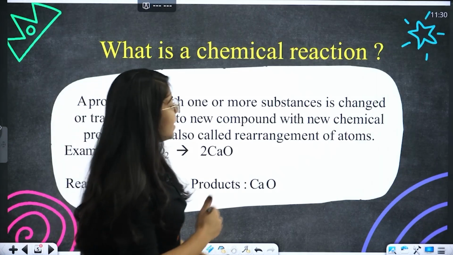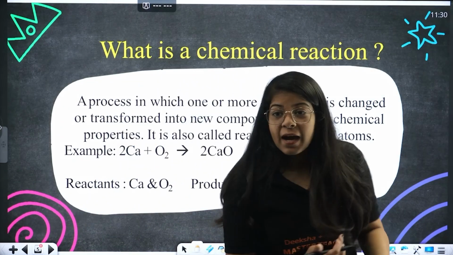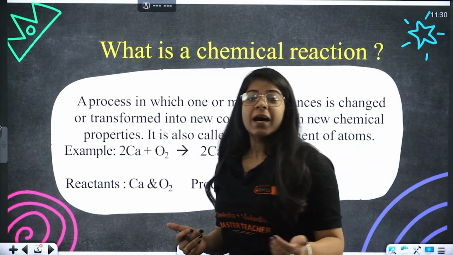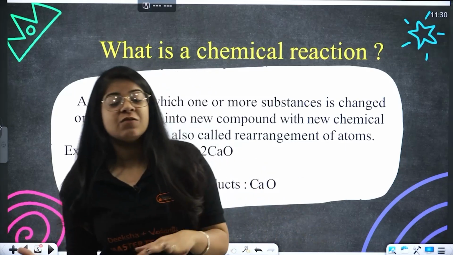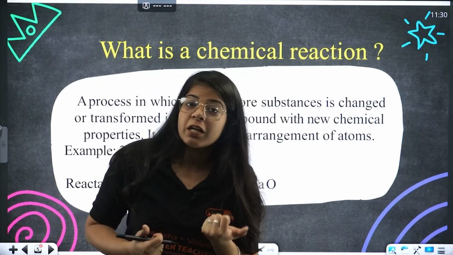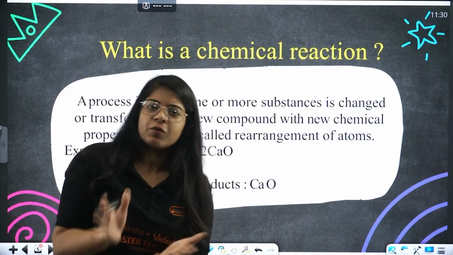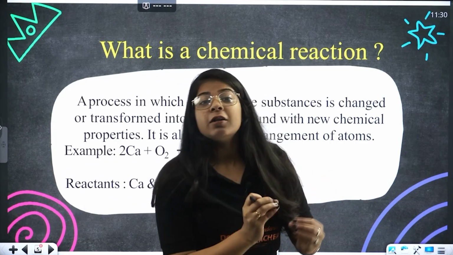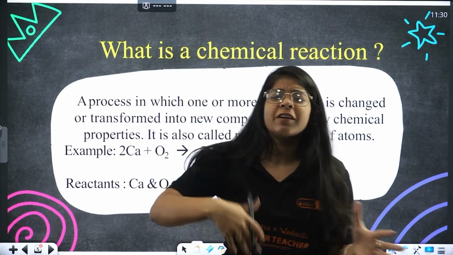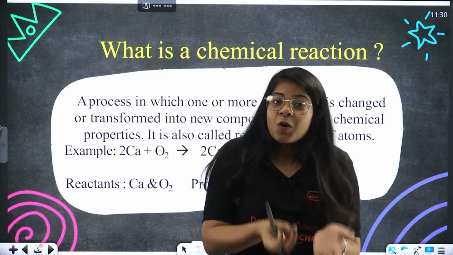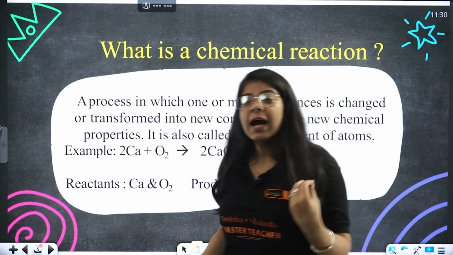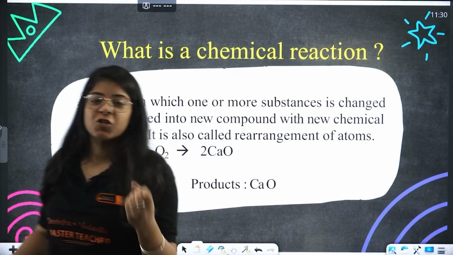It is called rearrangement of atoms. In tea leaves, in water, in milk, atoms were rearranged in a different manner. When we heated and combined them all together, it formed chai, and the atoms are rearranged into a different pattern. That's how its properties are changed, right? And that is what a chemical reaction is.